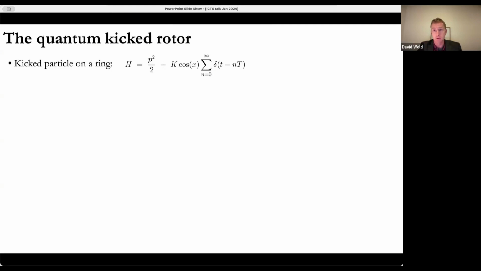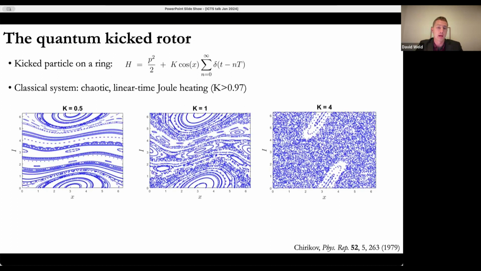So the classical kicked rotor is described by the Hamiltonian shown here, and this just represents a kicked particle on a ring. It has some kinetic energy, and it has some pulsed cosine-shaped potential energy, which you can think of as vibrating the pivot of a rigid pendulum, for example, or turning on and off gravity somewhat more challengingly. And at the classical level, this is a prototypical example of chaos.